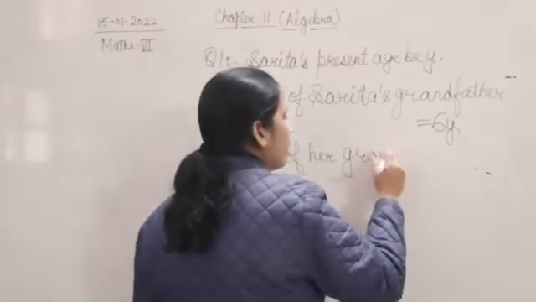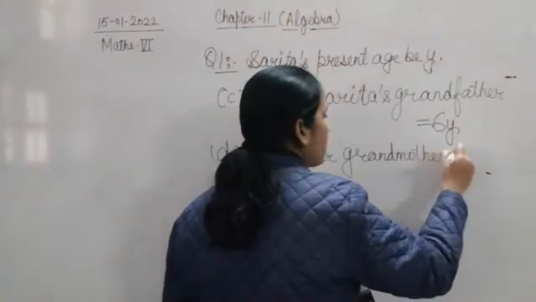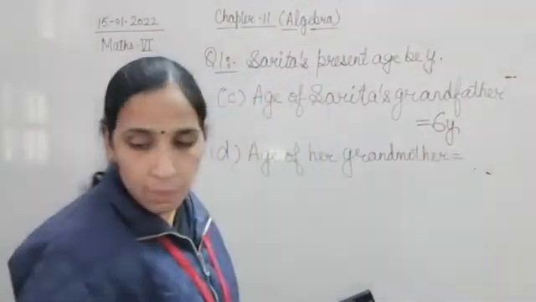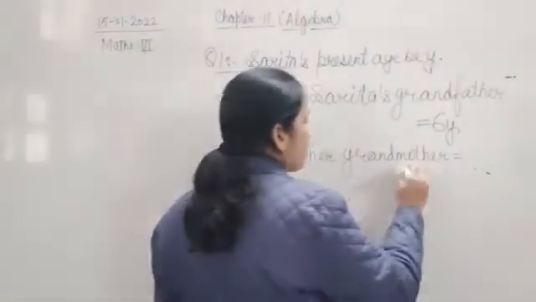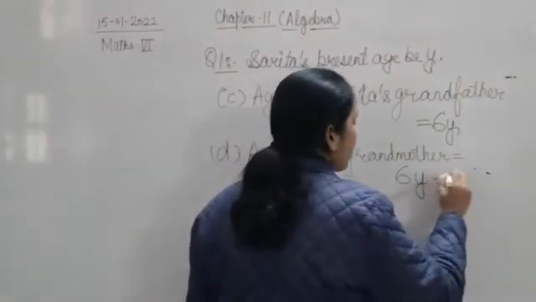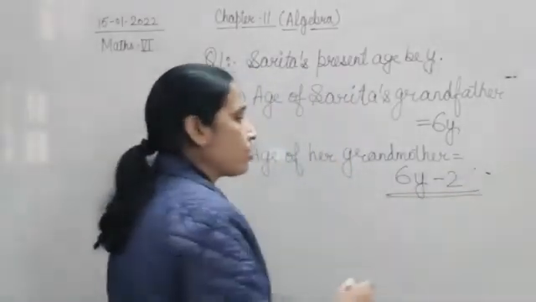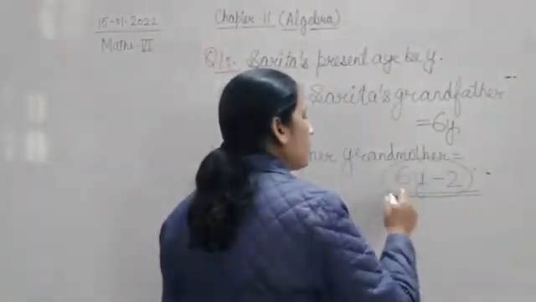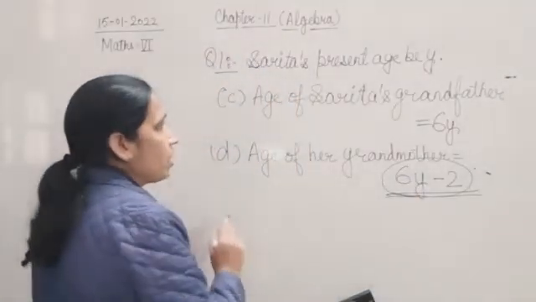The grandmother is 2 years younger than the grandfather, so the answer is 6y minus 2.